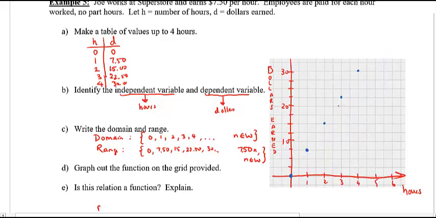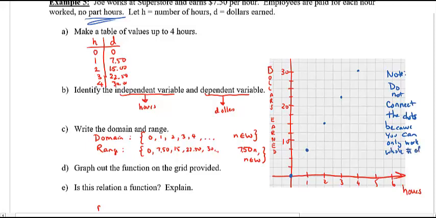And that's not the case because no part hours are paid. So I'm going to put a note here. Please do not connect the dots in this case. Why? Because you can only work a whole number of hours and also get paid for that too.